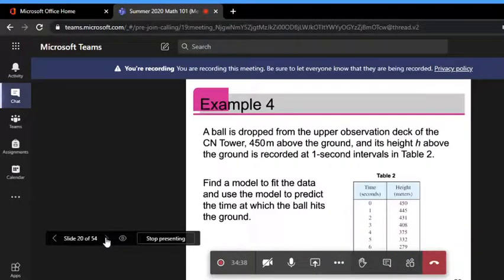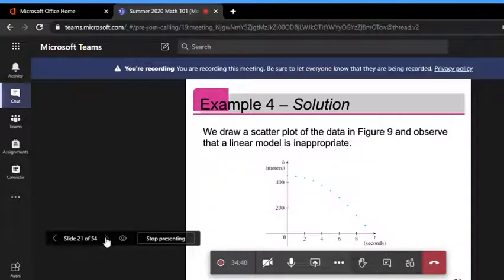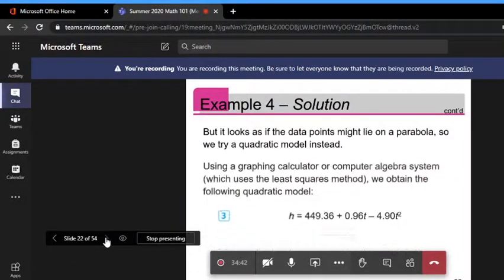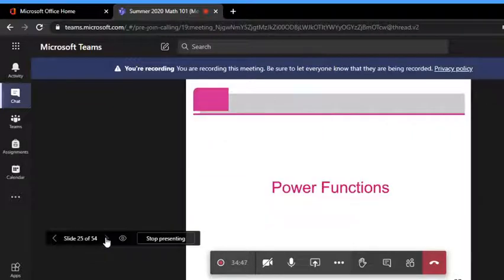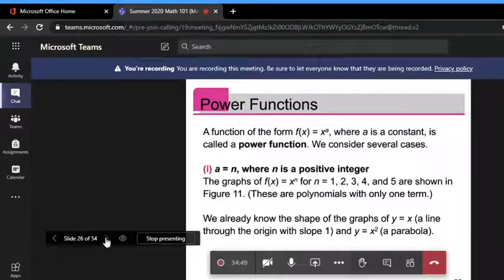Alright, so next, I'm going to skip that. We have power functions. Power functions are, for example, x to the a. For example, f of x is equal to x to the n. So this is a polynomial too, actually, right?